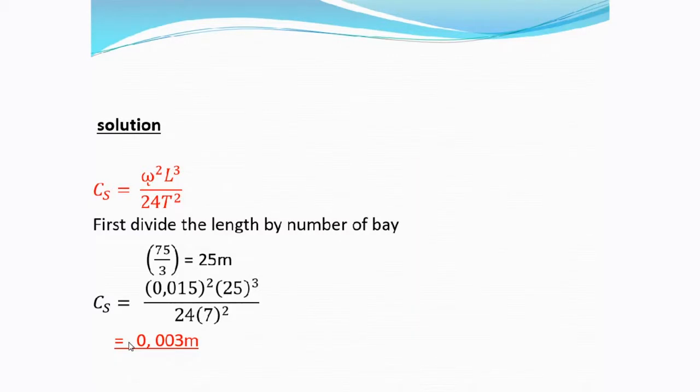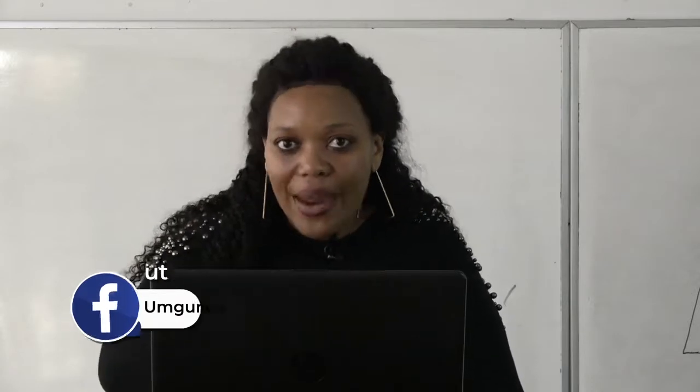We were told that the tension is 7 kilogram force squared. So your answer here will be 0.003 meters. Remember this is just a correction, and this correction is for 1 bay.